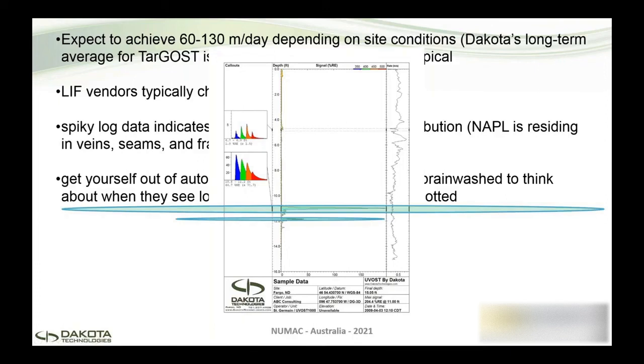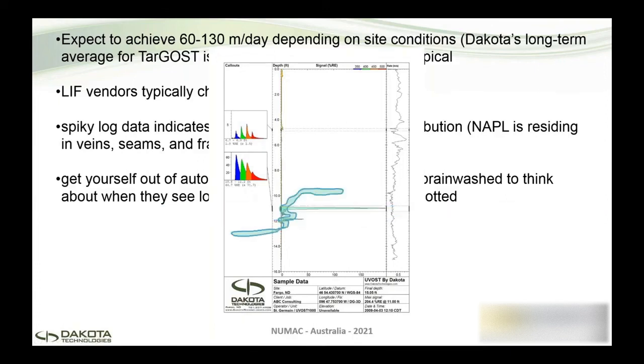That's what goes on in my mind, but I don't know for a fact that we didn't go through a NAPL body that's structured like that, and the probe just happened to cut through a couple times through the vertical seam. So you don't really know until you lay multiple logs together.